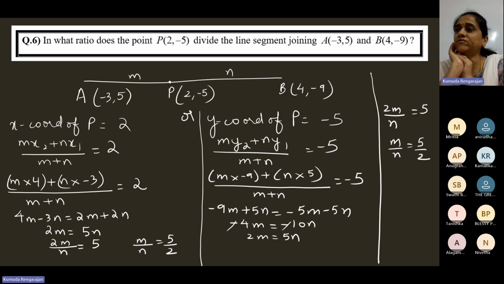The required ratio can be found using the formula to find the x-coordinate of the point of division or the y-coordinate of the point of division.